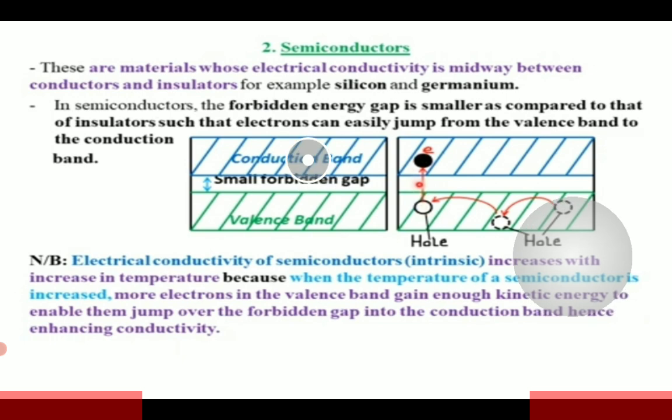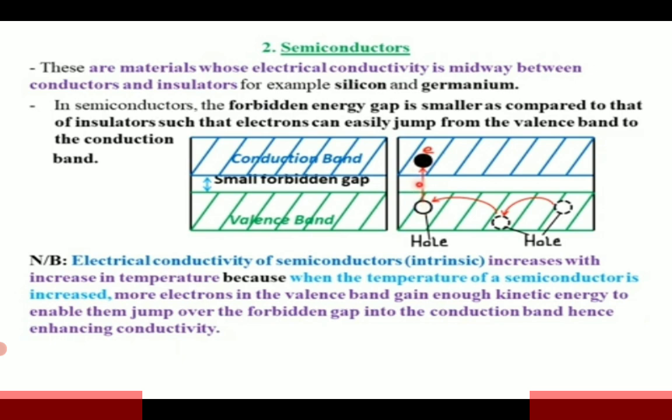Alright, so enough has been said about semiconductors. So far so good. We've looked at two types of materials based on their ability to conduct electricity. Namely, we've looked at insulators, and we said that insulators do not allow electric current to flow through them. Why? Because they have a very large forbidden gap.